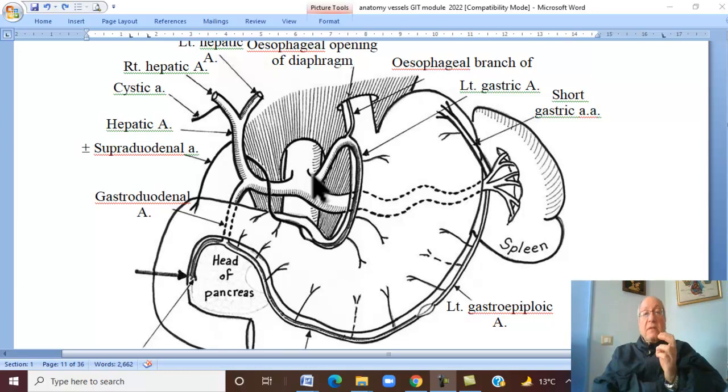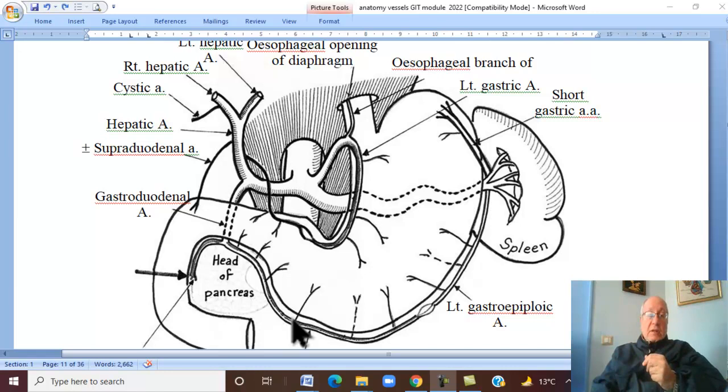Branches of celiac trunk supply the stomach by 5 arteries: 2 on the lesser curvature, left gastric and right gastric, and 3 on the greater curvature, short gastric, left gastroepiploic and right gastroepiploic.